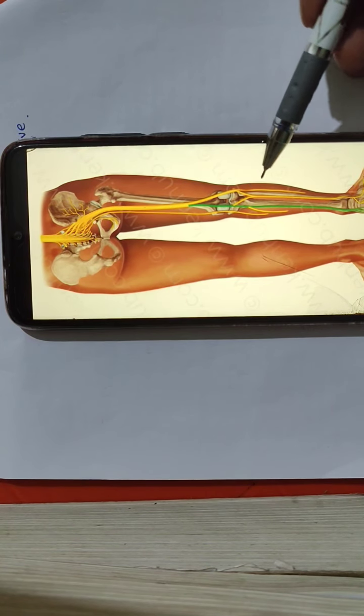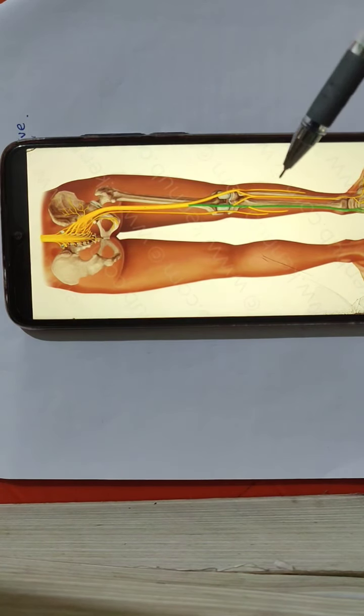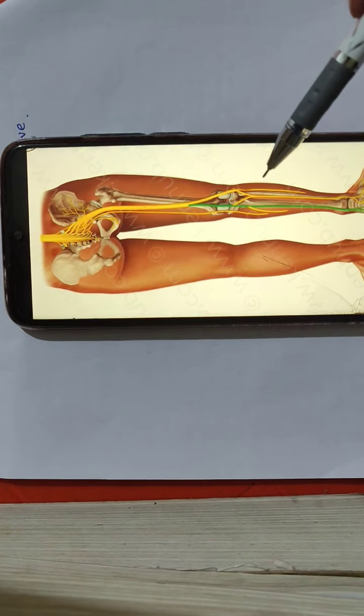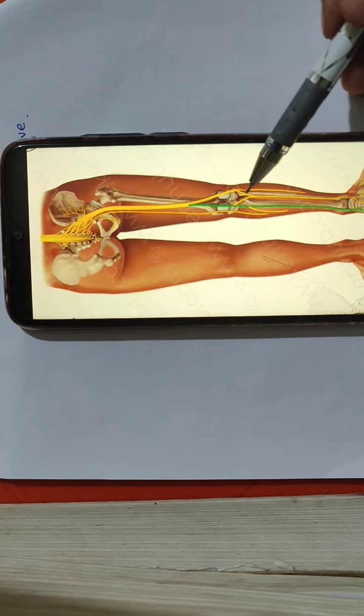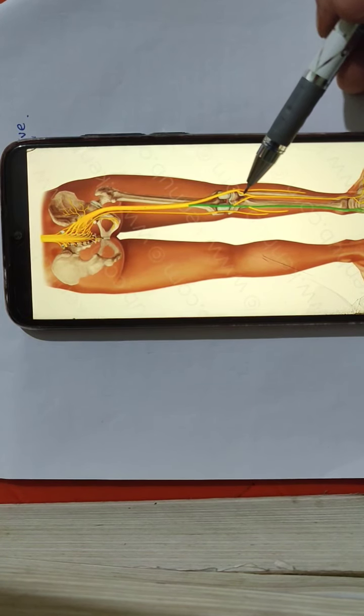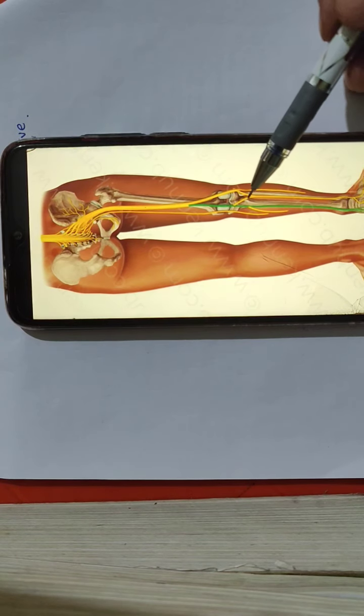One is the superficial peroneal part, another is the deep peroneal part. Here is the cutaneous branch, called the sural communicating nerve, which again joins with the sural branch of the tibial nerve.